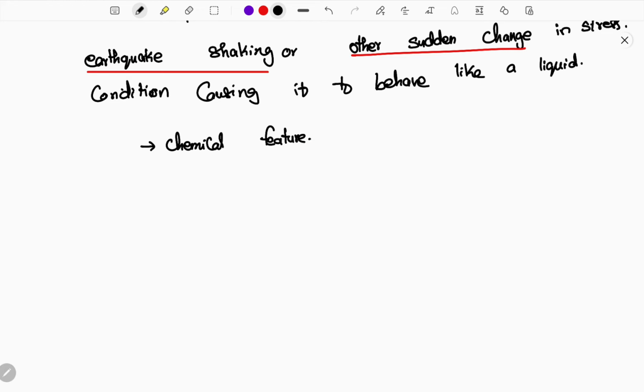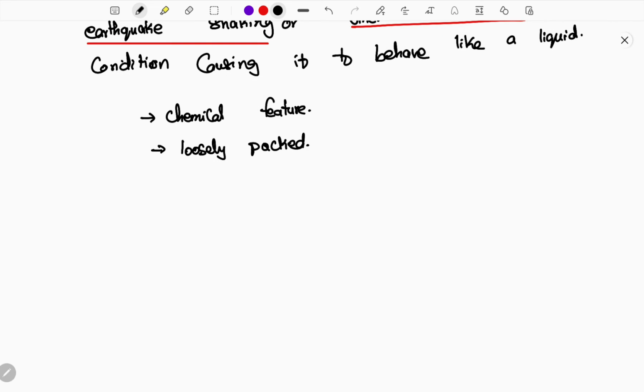Over a long duration, when the chemicals dissolve in the water, the soil loses its strength, starts flowing, and acts as a liquid. This happens mostly in loosely packed soil, a major source where you can see soil facing liquefaction. And you can also see external forces.